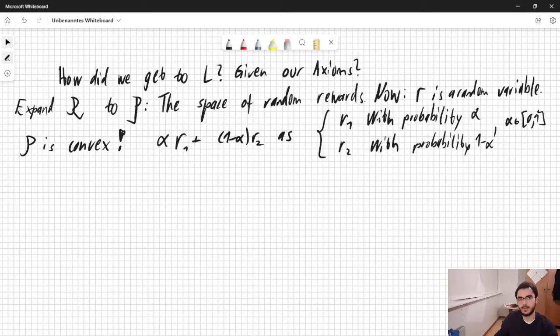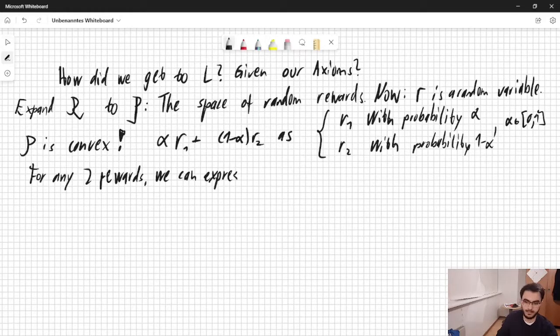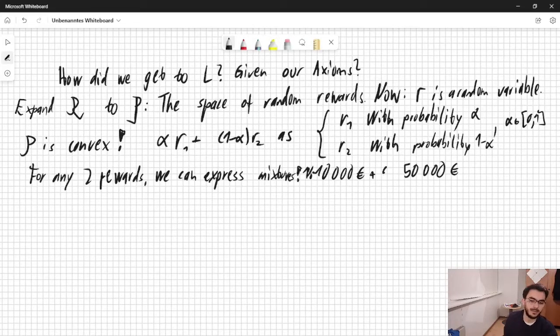This is really cool because for any two rewards, we can express mixtures between these rewards. For example, if you have the reward of 10,000 euro and a reward of 50,000 euro, one convex combination would be a 1% chance of winning 10,000 euro in this game, and a 99% chance of winning 50,000 euros.